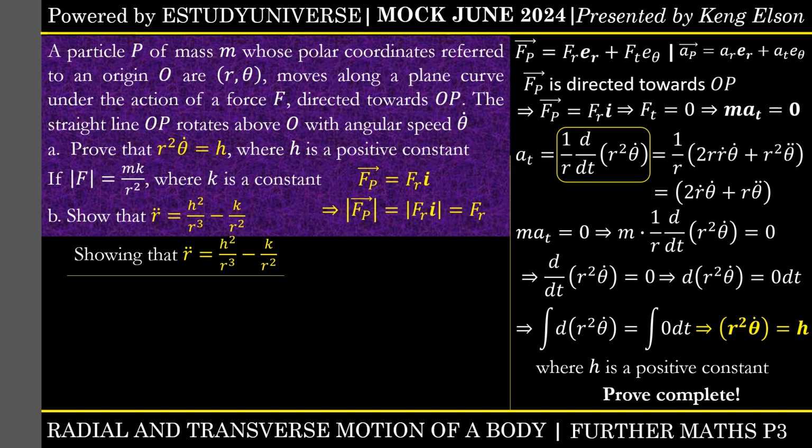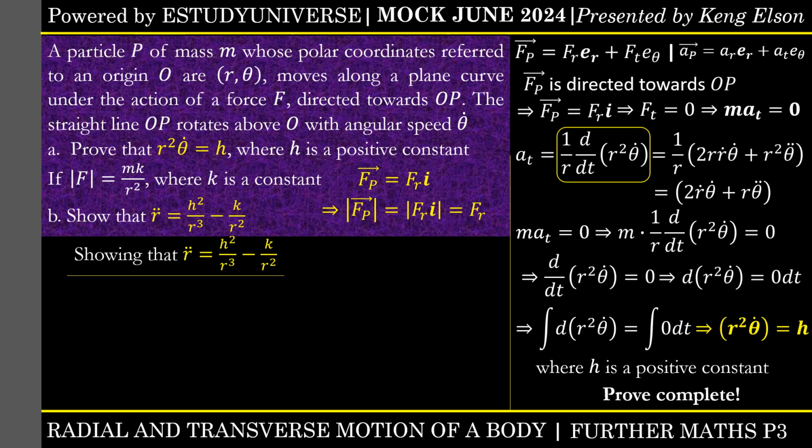So with that said, if I take the magnitude on both sides, it just gives me the Fr. But since it was moving towards OP, we need to attach a negative sign to it, because it's actually a resistive force. It's moving under the action of this force. So when we take the magnitude, we get the magnitude of Fr times the unit vector, and this I here is actually ER.